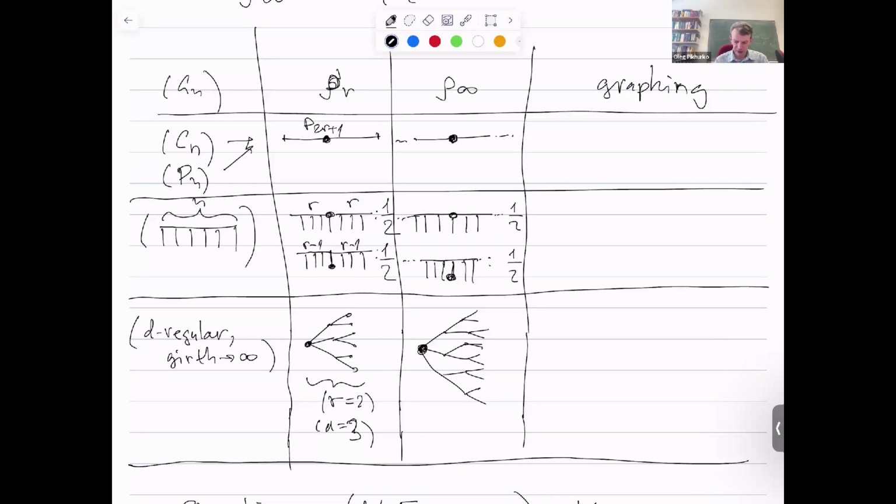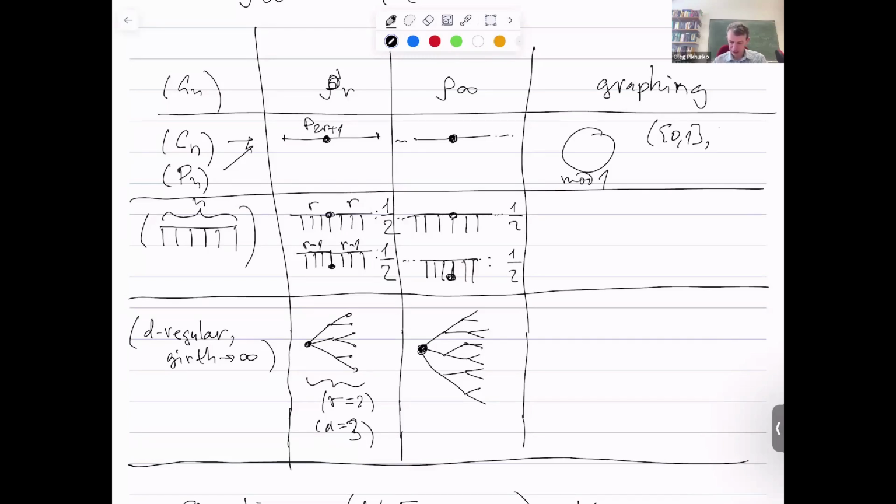I can take the unit cycle. So my vertex set is the unit cycle, I call it S1. And what are my edges? Well, let's just work with the interval 0, 1, modulo 1.